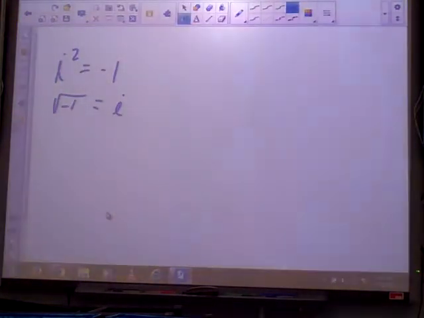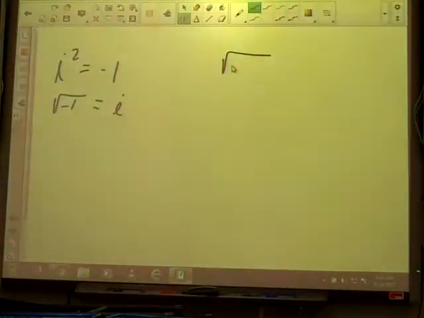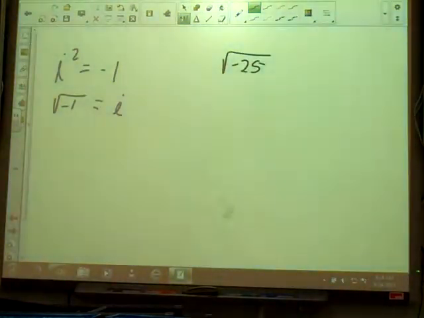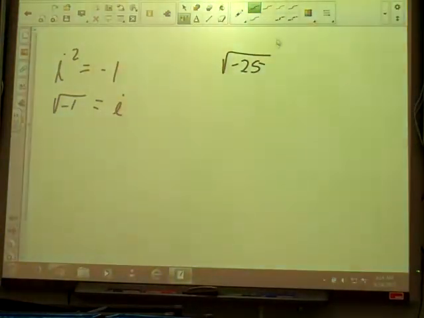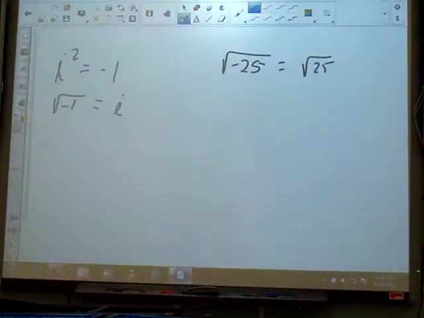Let's say I asked you for the square root of -25. Here's how this is going to roll. I'm going to show you lots of steps, and as you get better at this, you're going to be able to keep them in your head. The square root of -25 is the same as the square root of 25 times the square root of -1.